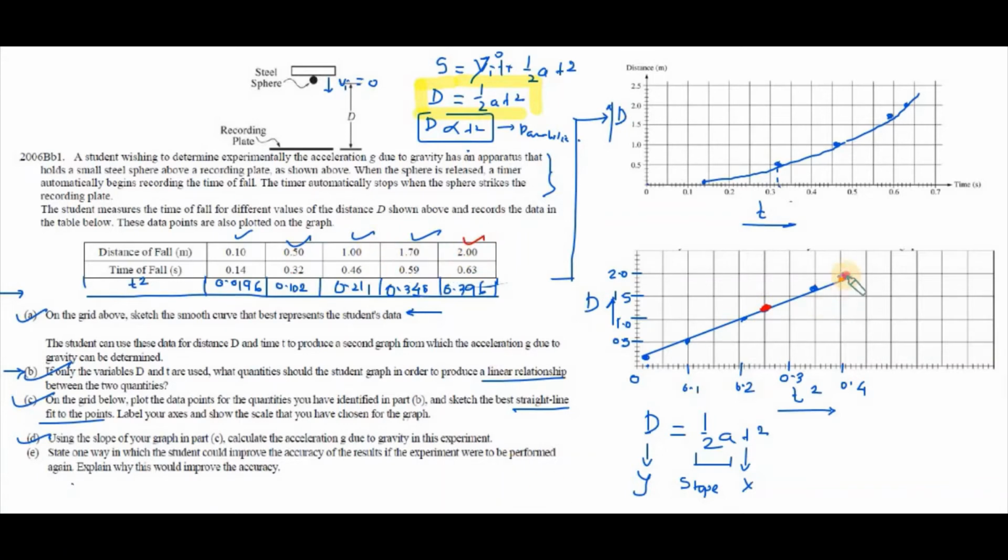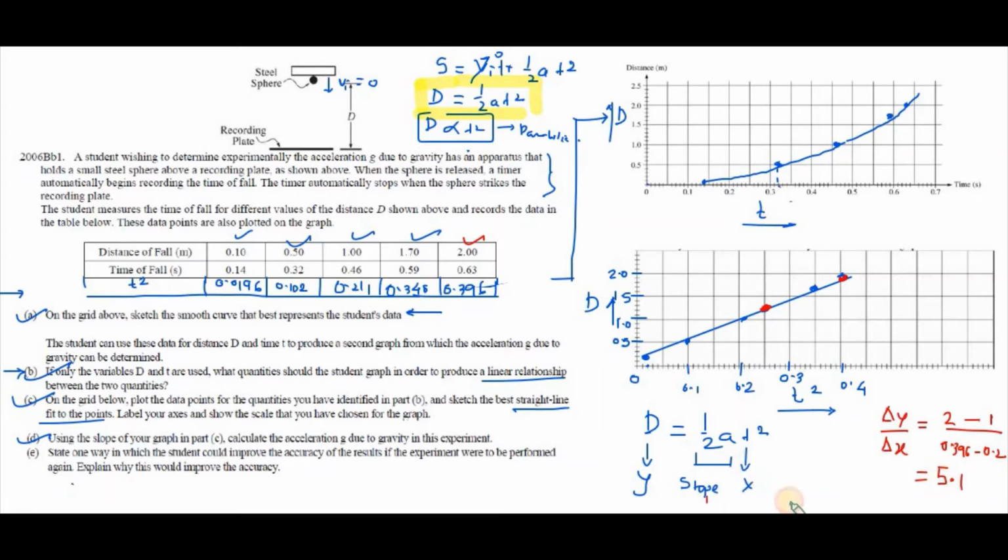So delta y upon delta x would be equal to, along the y, 2 minus, let's say 1, and that would be 0.396 minus 0.211, so let's say 0.2. If you take the difference, we get the slope, that is 5.1 approximately.